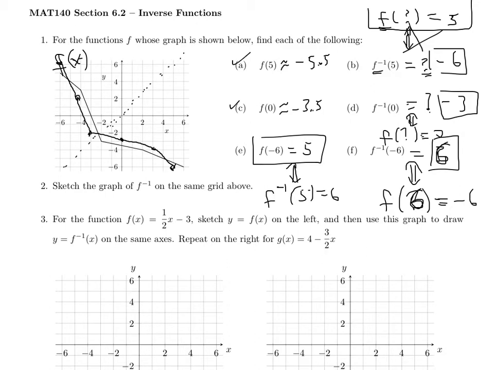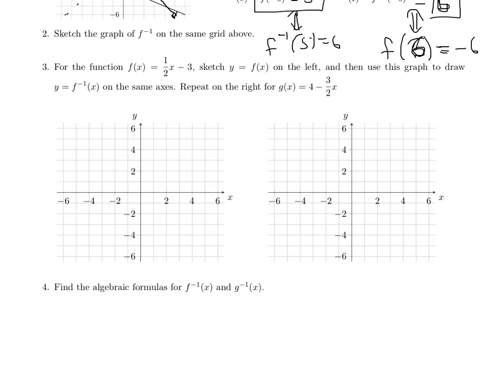So that dashed line is all the points where the y and x coordinates are equal. And so about that line, it should look like my graph is a mirror image of the original. And if I could draw better with this pen, if I could draw straight lines, it wouldn't be that hard to do.